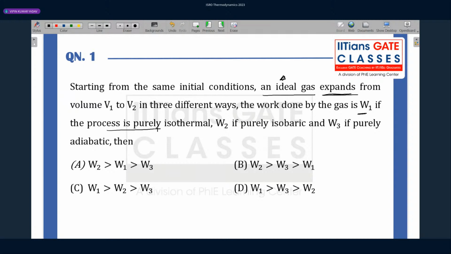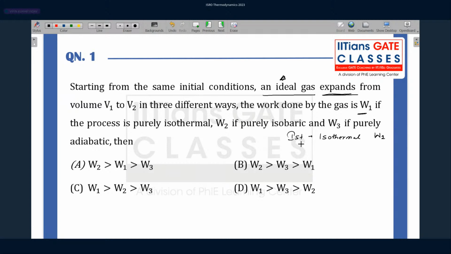Okay, so what can I say? That the first process is isothermal, and work is W1.